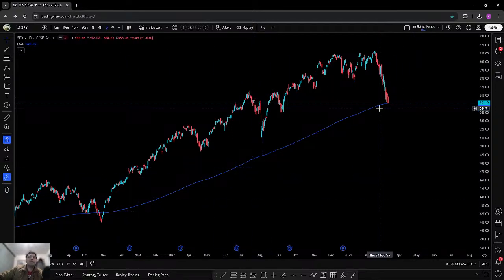And you see right here that it is bouncing off, it has reached exactly the level of the 300 moving average, and that's how it is looking right now, reaching the 300 moving average.